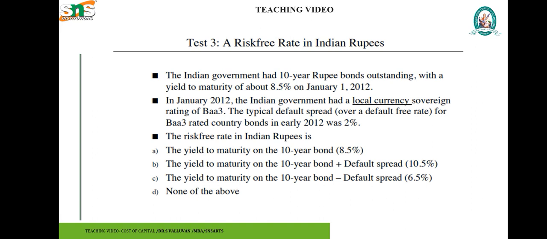This is a rating, and based on this, the risk is measured. The typical default spread for BAA3 rated country bonds in early 2012 was 2%. The risk-free rate in Indian rupees, the yield to maturity on the 10-year bond, was 8.5% at the time.